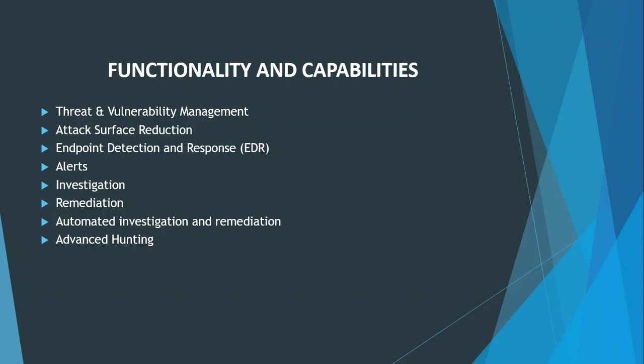It gives you remediation. You can also configure an automated investigation and remediation on the dashboard, whereby you configure a remediation or investigation that says if any system is on operating system version 1904, you should install an update that takes the system to version 20H2.